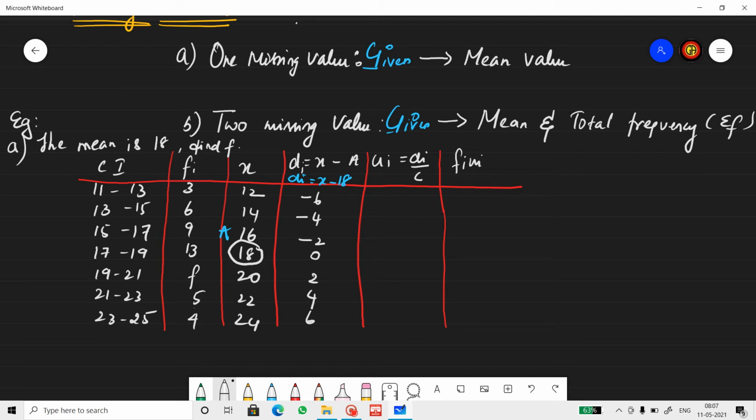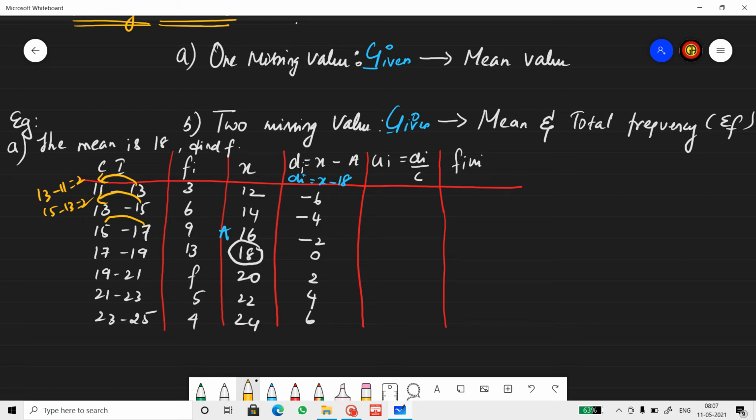The next column is ui, which is d by c. And what is c? Class mark or class size. Class size is 2. 13 minus 11, 2. 15 minus 13, 2, and so on. So class width is 2.